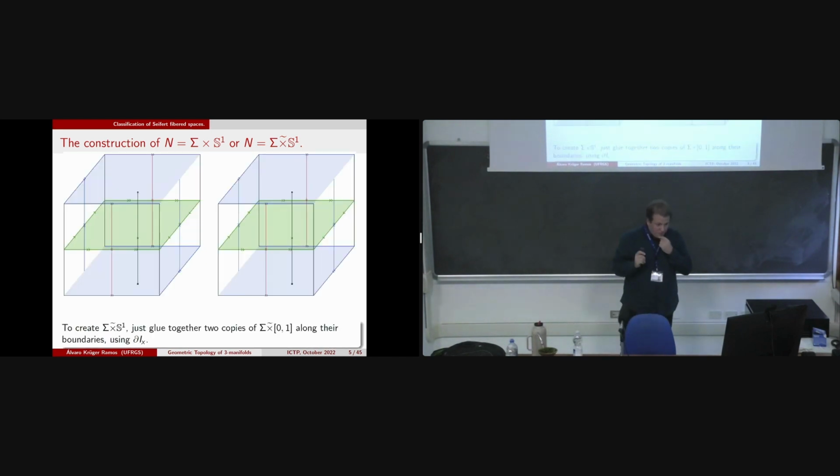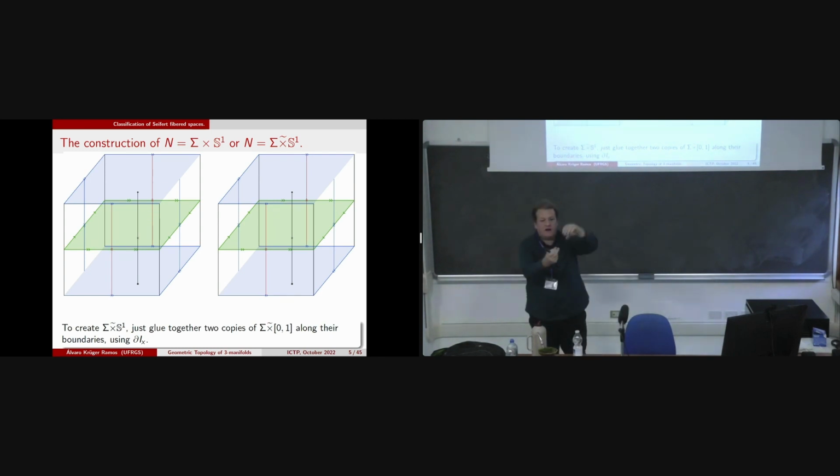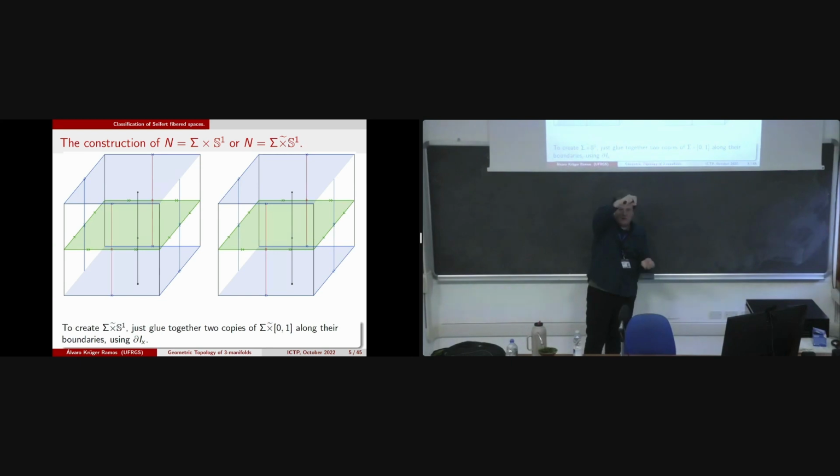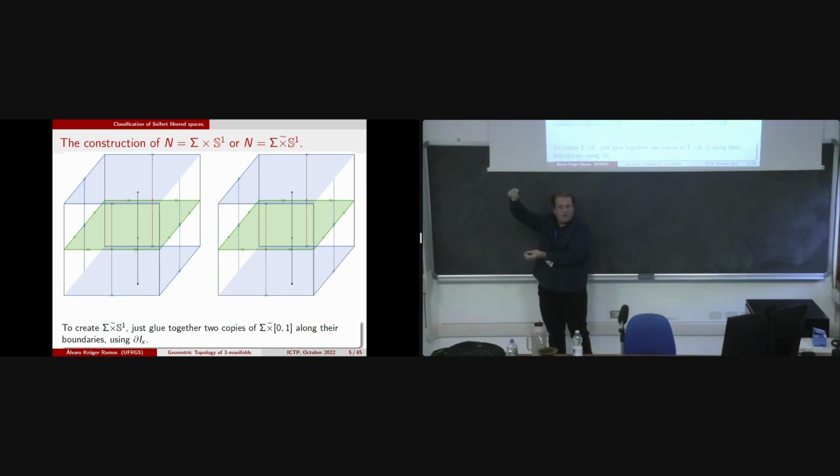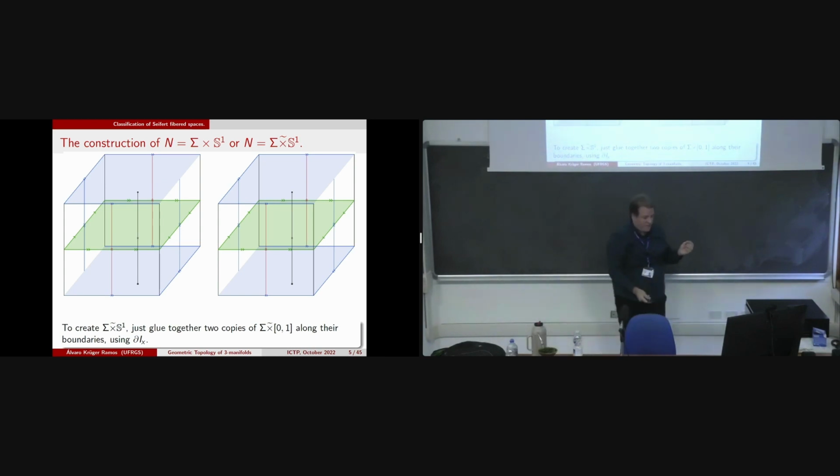Okay, so to create your S1 bundle, you just use these fibers and you glue two of them together using this interval and another interval with the same base point. Now it's something like you start here, you go there, you reappear here, you go down and you connect back. So now this is going to be an S1.